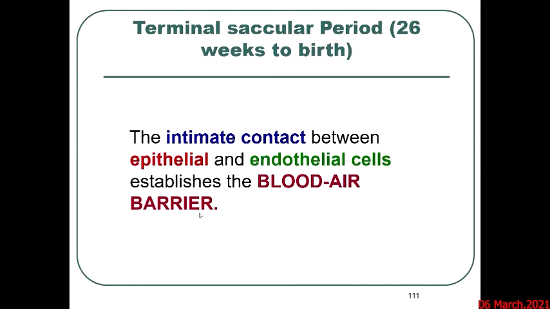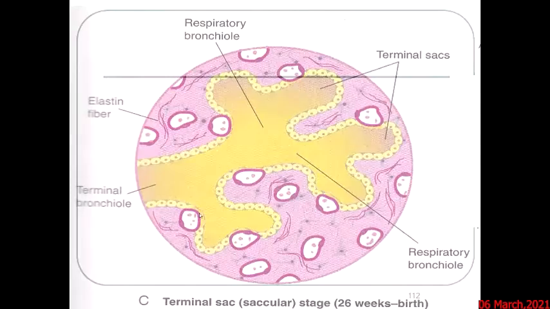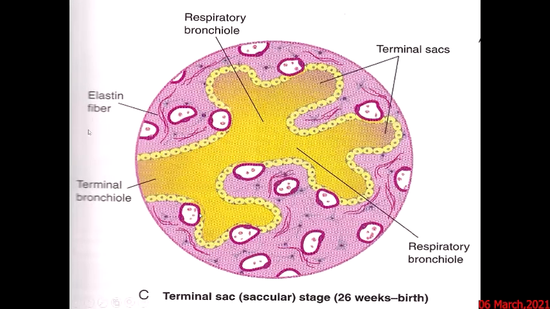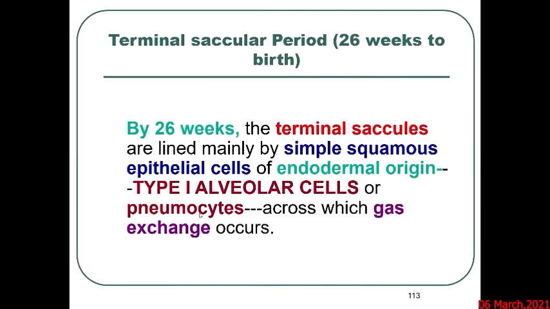The lining epithelium of alveoli is also simple squamous, very thin. And so respiration, that is gaseous exchange, is possible now. The blood-air barrier is here, here, here. So I have finished the terminal saccular period.